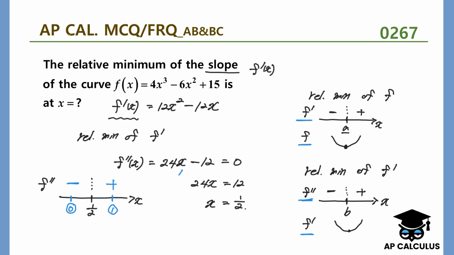So f prime decreases in this interval and then increases after x is equal to 1/2, right? So what's the answer? The relative minimum of the slope of the curve. The slope of the curve has a minimum at x equal 1/2, right? So the answer must be 1/2.